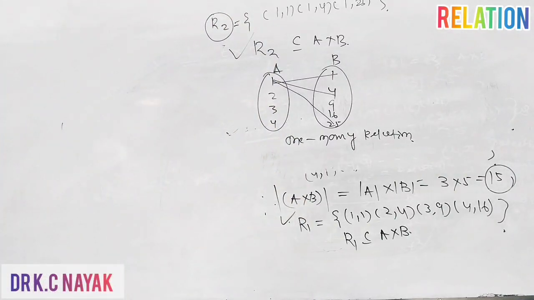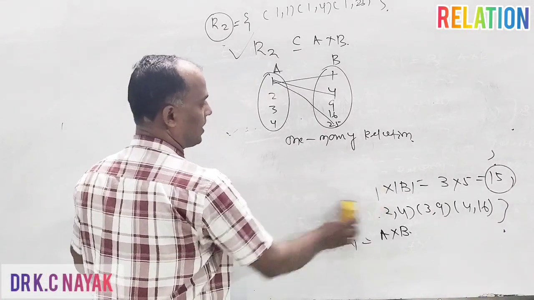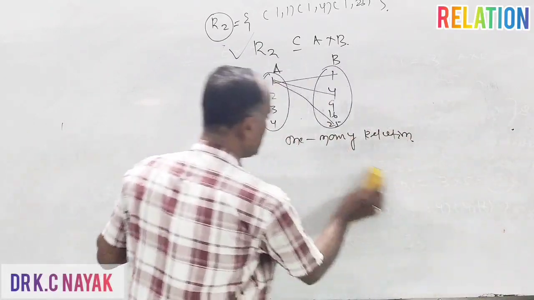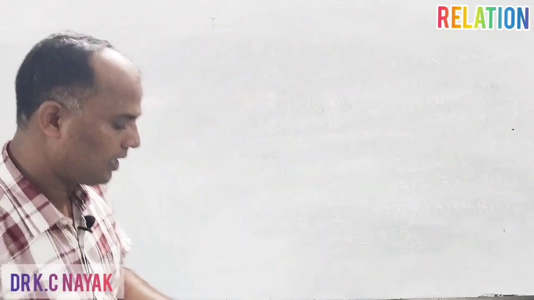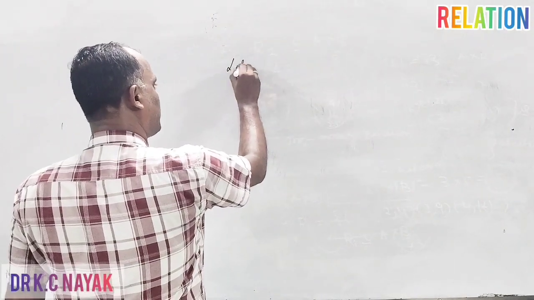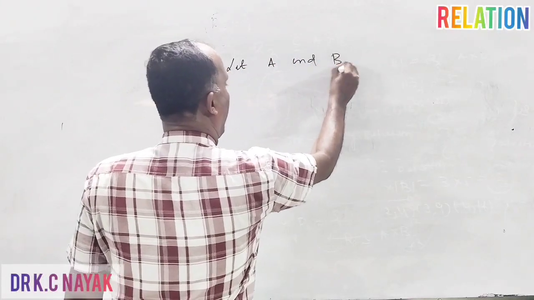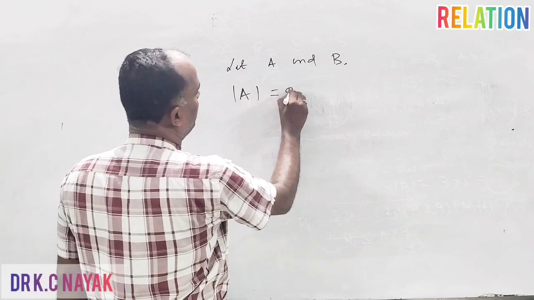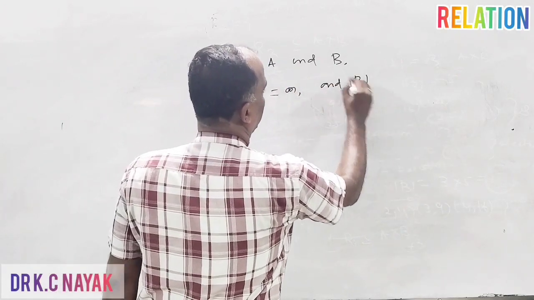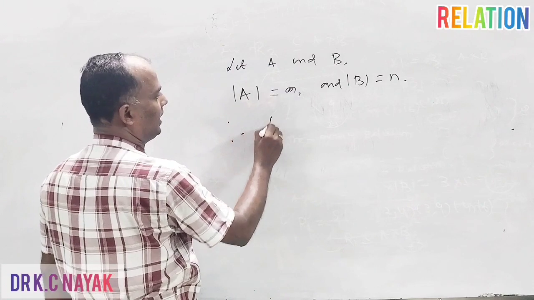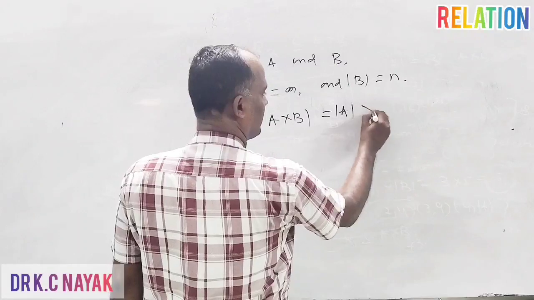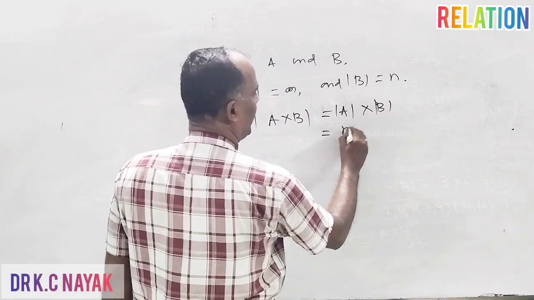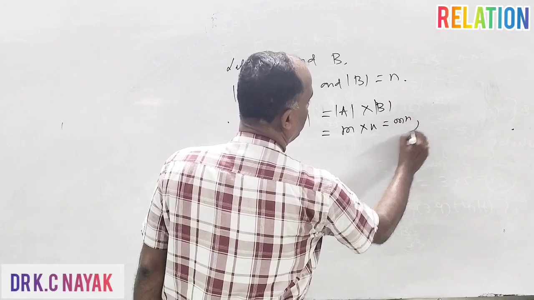Here is the question: how many relations are developed from A cross B? Just see, if we have two sets, let A and B be two sets, and A has m number of elements and B has n number of elements, then A cross B has modulus of A into modulus of B, that is m into n, mn number of elements.